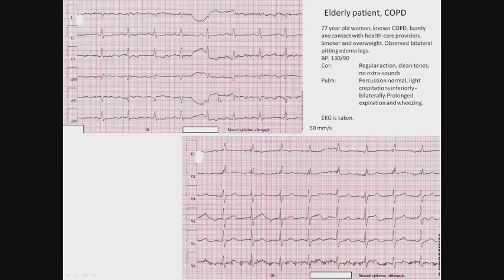So this means that for you guys that are used to the 25 mm per second strips, here one big square like this one, 5 by 5 mm, will along the x-axis be 100 milliseconds. On a 25 mm per second strip, one big block or square is 200 milliseconds. So please observe, this length is 100 milliseconds.